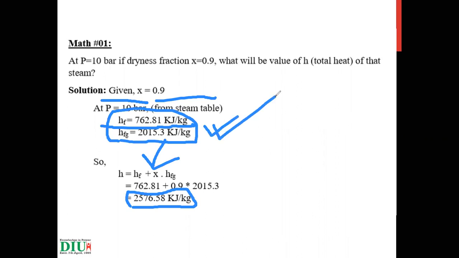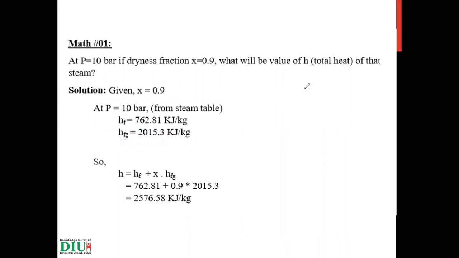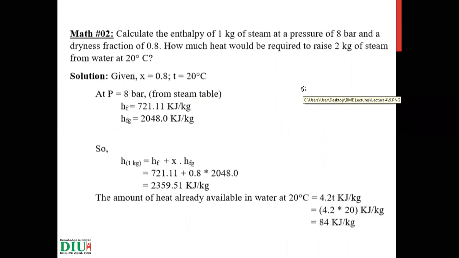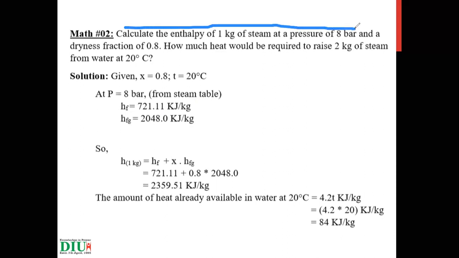Okay, so now we move forward. It will be very easy for us. First of all, in the second mathematics, it is told: calculate the enthalpy of 1 kg of steam at a pressure of 8 bar and a dryness fraction of 0.8. Can anyone tell me which steam it is?